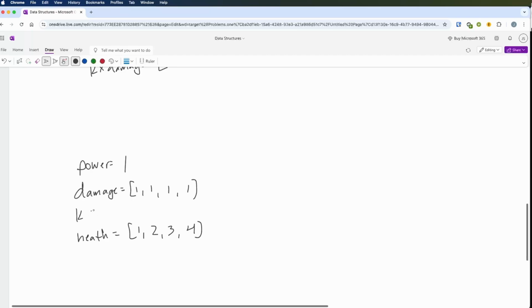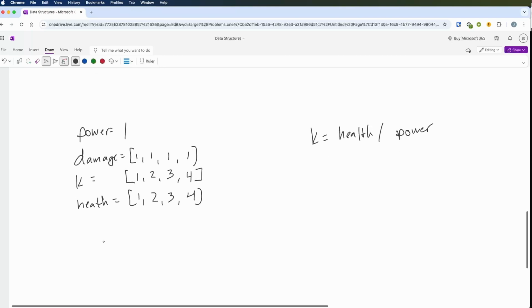So our K here is, so we have 1, 2, 3, 4, right? Because our K is our health divided by power. Okay. So in this case, health divided by power.